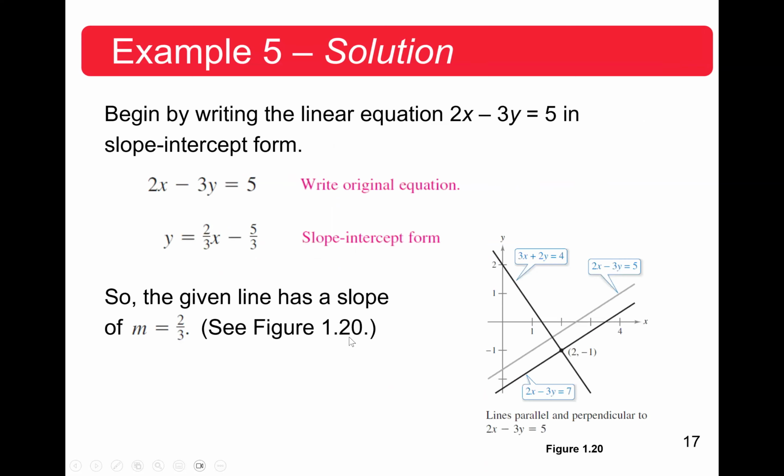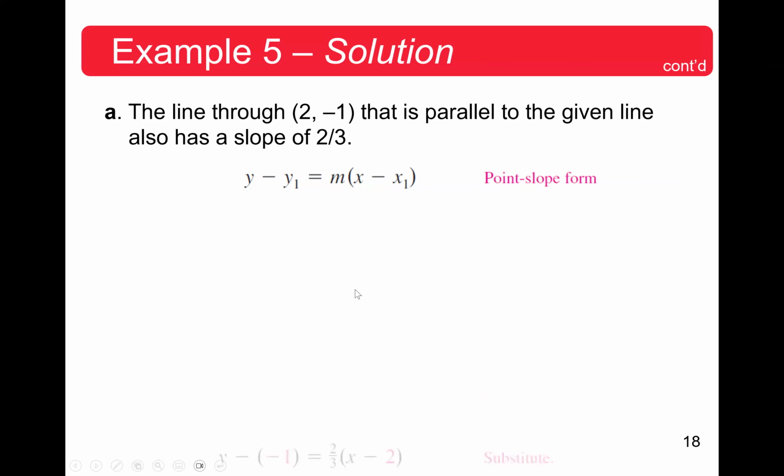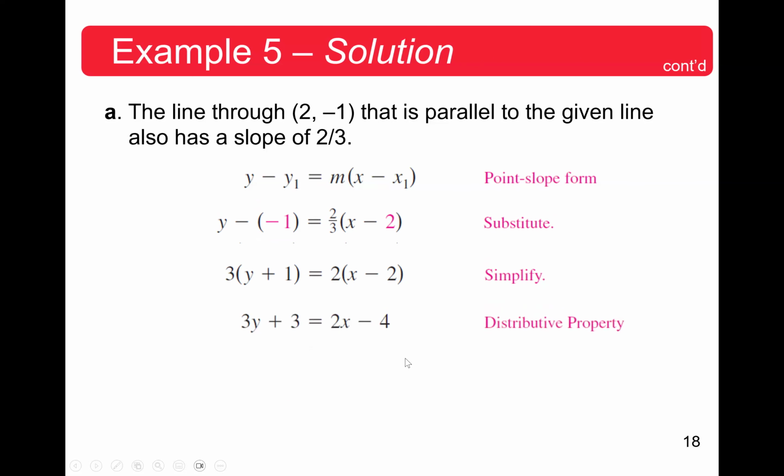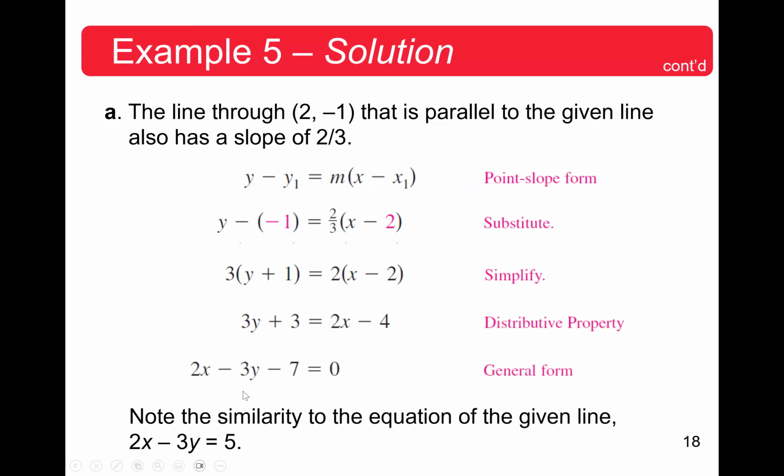Here we decide we are using the point (2, -1). So y1 is -1, x1 is 2. We solve the equation and we get the general form, 2x minus 3y minus 7 equal to 0. We can also change it to slope-intercept or point-slope form if we want.